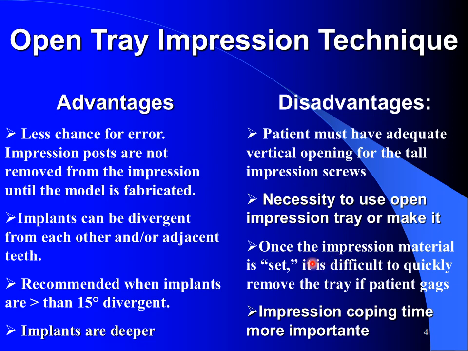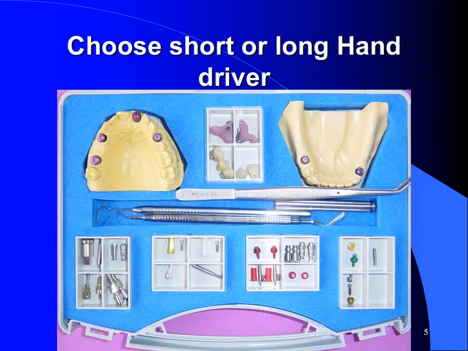Once the impression material is set, it is difficult to quickly remove the tray. So if the patient has a gag reflex, he must not use this method. Impression coping time is more important.